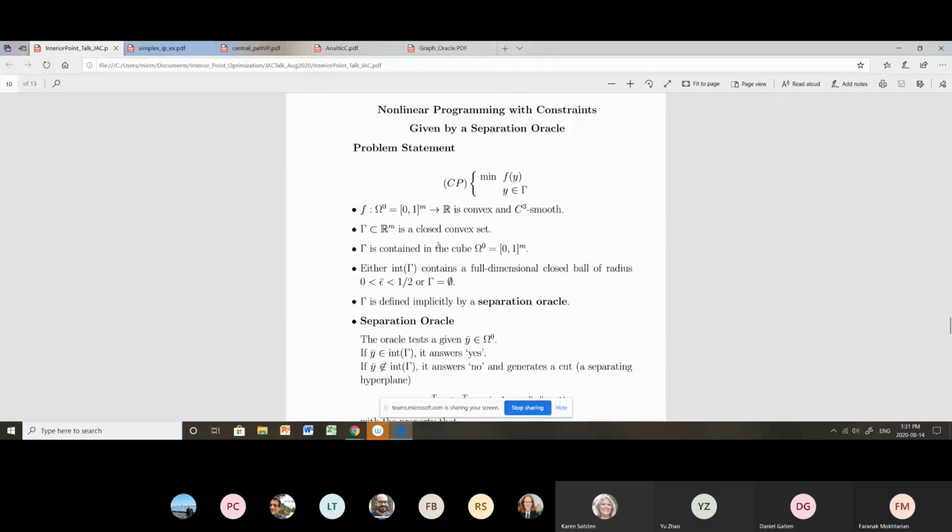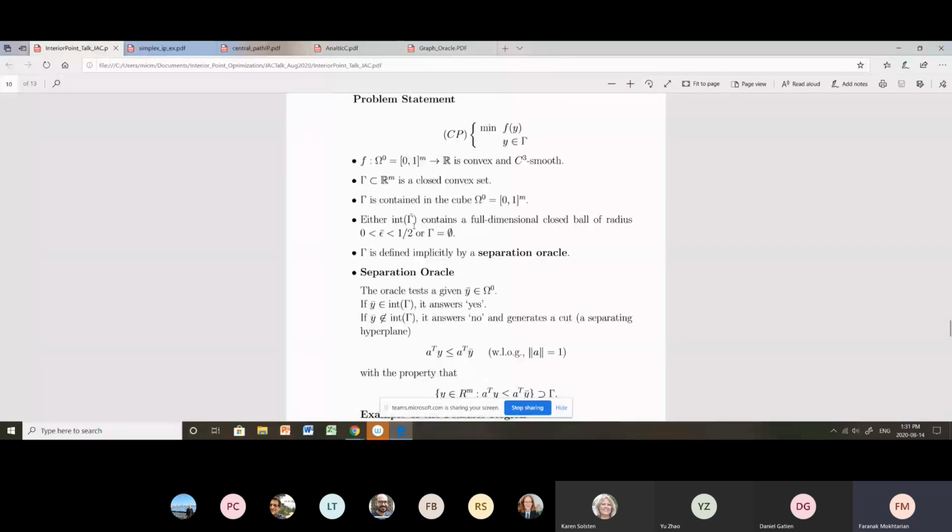And we assume our feasible region is either empty or is not too small, in a way that we can put a full-dimensional ball of radius less than 1/2 in it. And here's a more explicit definition of what we mean: gamma is implicitly defined by a separation oracle. So we start with this unit cube. We have a point in the unit cube and we check whether it's feasible or not.